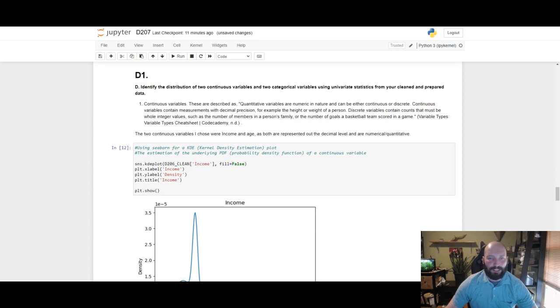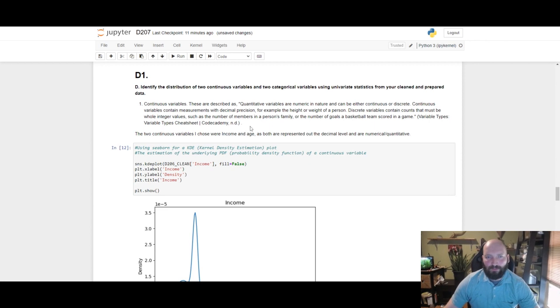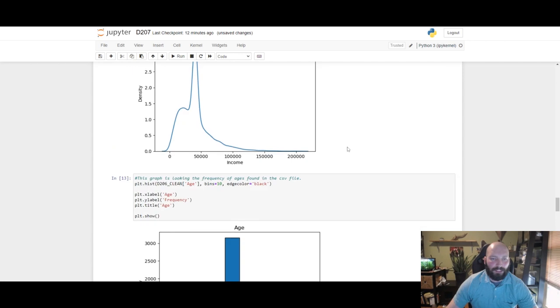And so for the two that I selected, income and age, they are represented as decimals or go out to decimals. So these would be two continuous variables. Both are represented out to the decimal level and are numerical quantitative.